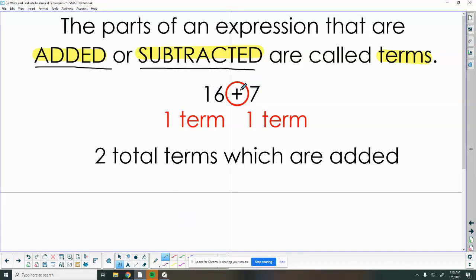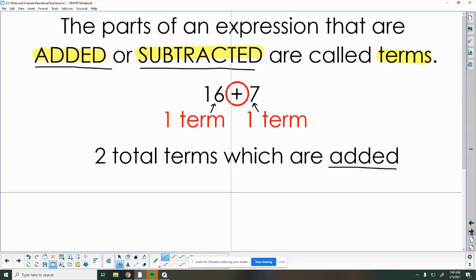It's a numerical expression, only numbers and operations, and I can see that it was added. So on either side of the add sign, here's one term, here's another term. So these are called terms. So we have two total terms, and they are added together. These terms are going to help us look for parts of the problem that we need to work with.